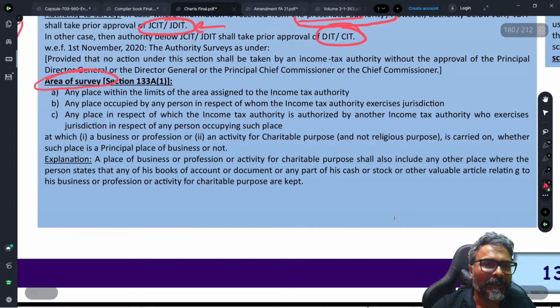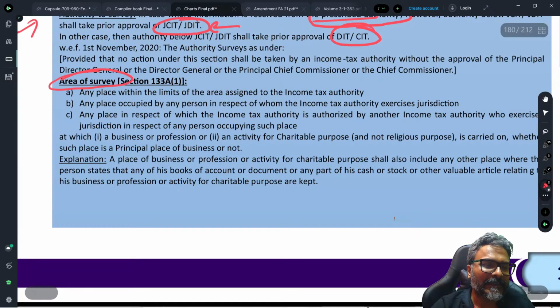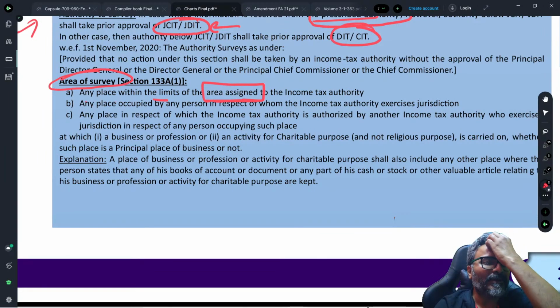Let's have a look what 133A says. 133A says any place within the limit of the area assigned. So this is a case where, I told you, students, the jurisdiction is given to the income tax authority on the basis of the area. What about point number B?